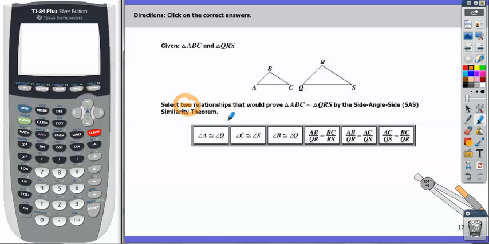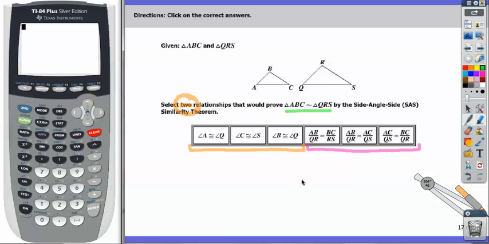Well, I notice, just because I can notice it, these three kind of are angles matching up with angles. The next three are my sides being proportional. And the coolest thing is, they gave me a GPS.